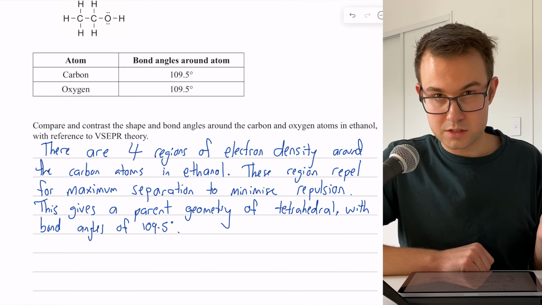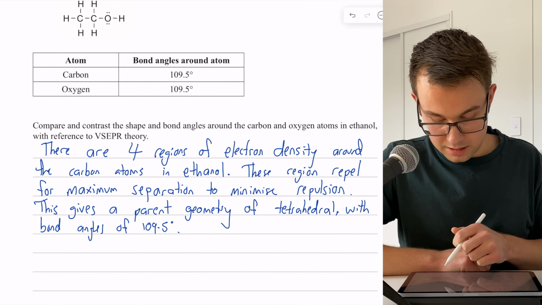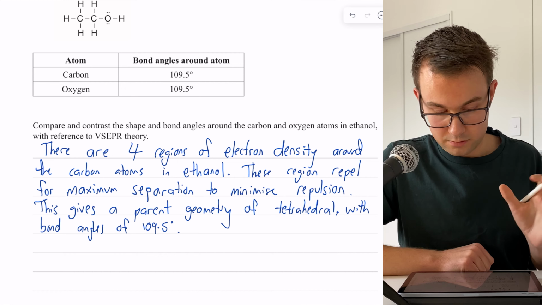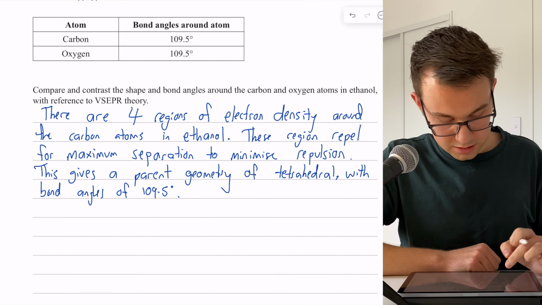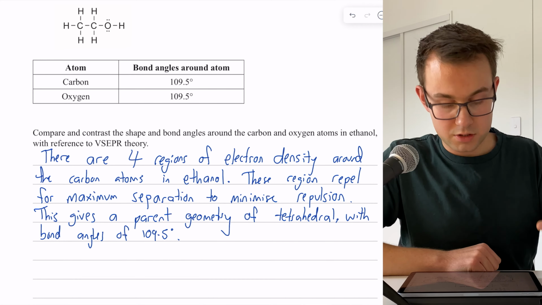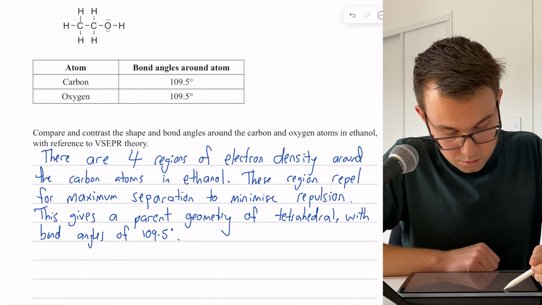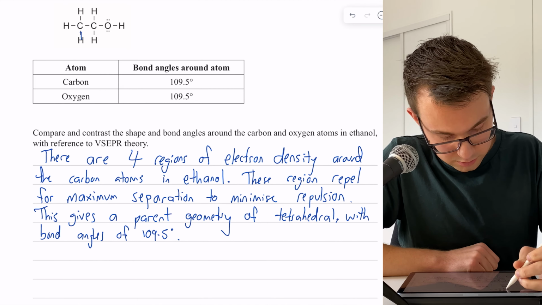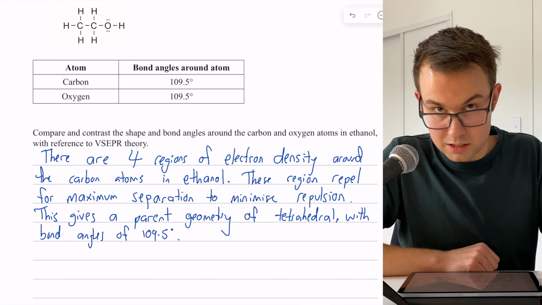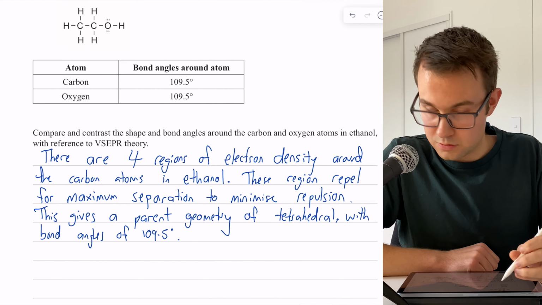Now, why do we know it's tetrahedral? That means because there are 4 regions. Number 4, tetrahedral. Perfect. Now, how many bonding regions? 1, 2, 3, 4. It looks like they've got 4 bonding regions. Those are bonds right there. Do we have any non-bonding regions? No, we don't.